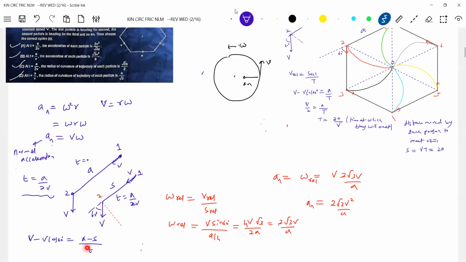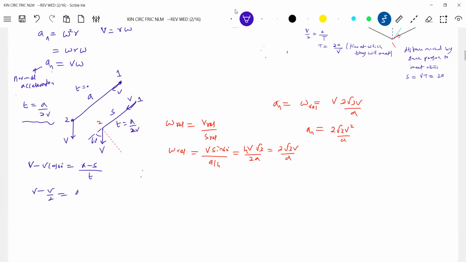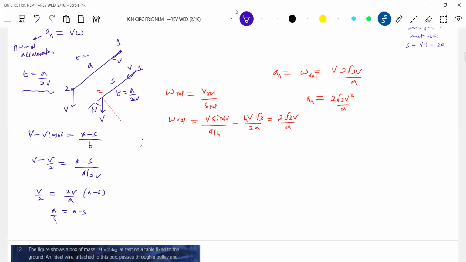T. Can you remember V relative equal to S relative by T? So then this will become equal to, first we'll finish off this, A minus S by A by 2V. So this will become V by 2, 2V by A equal to A minus S. So V gets cancelled. So this will become A by 4, A minus S. So S is equal to A minus A by 4.